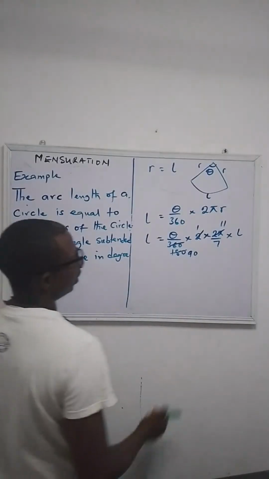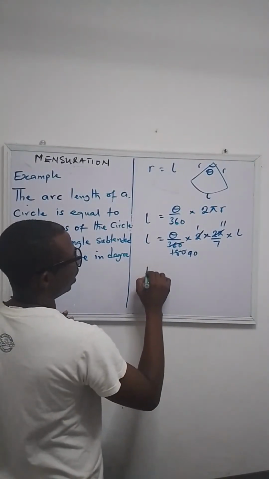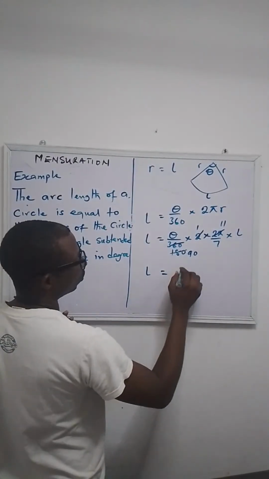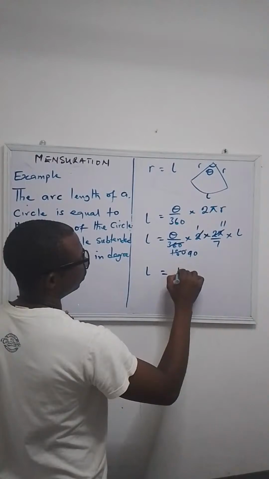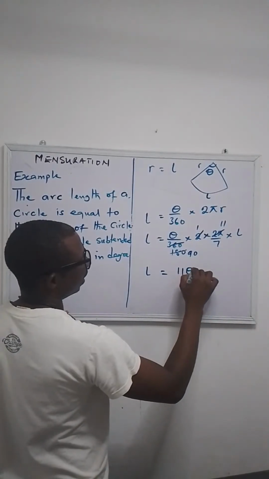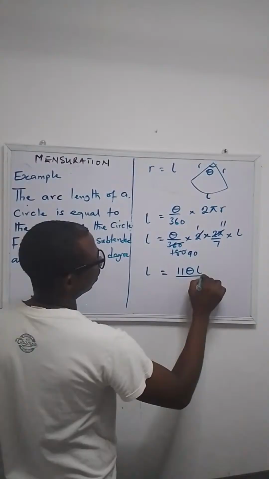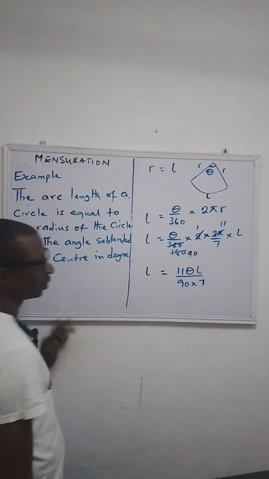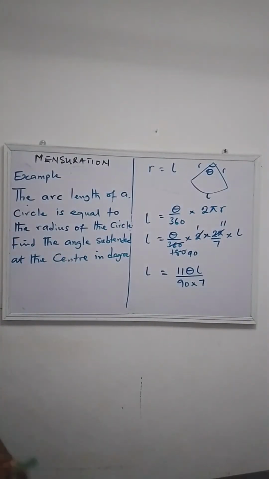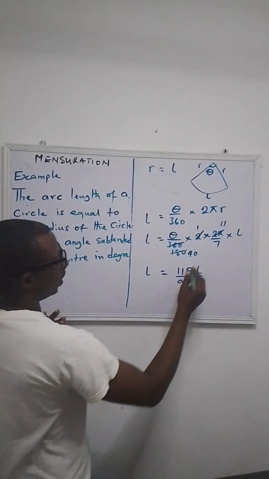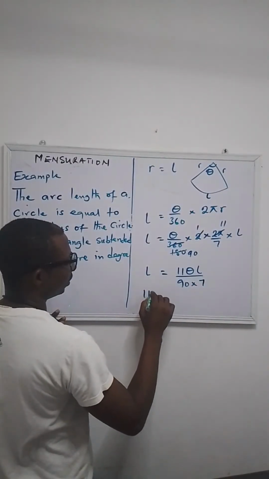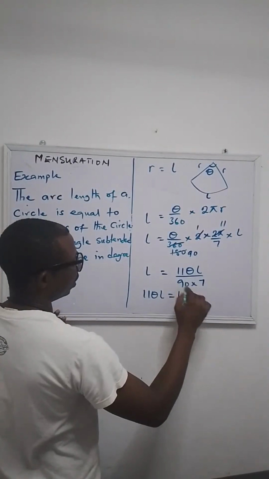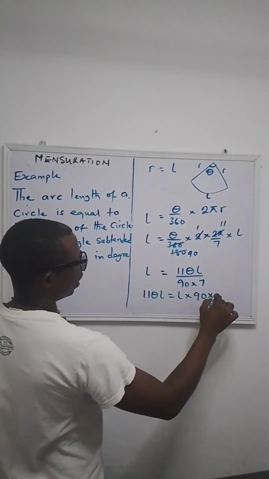So now we have 11 L, which is the length of the arc, equals 11 theta L over 90 times 7. Can you see that? So let us cross multiply. So we have 11 theta L equals L times 90 times 7.